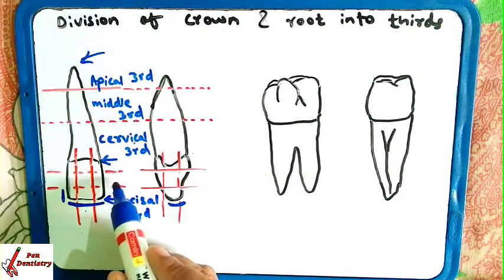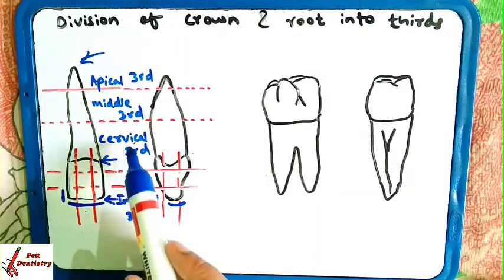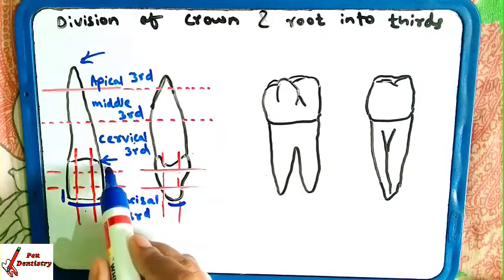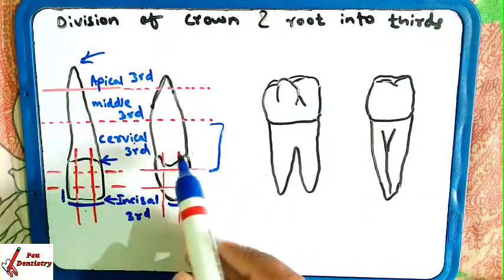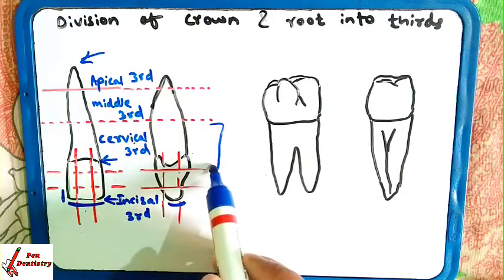The middle part is known as the middle third again. Middle of what? The cervical third and the incisal third. This whole portion is known as the cervical third, the cervical third of the root as well as the cervical third of the crown.